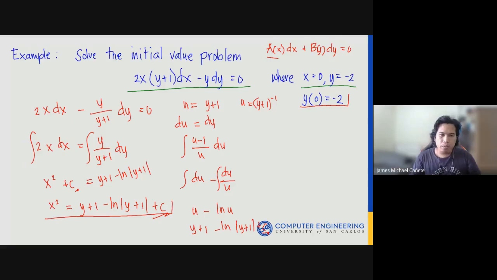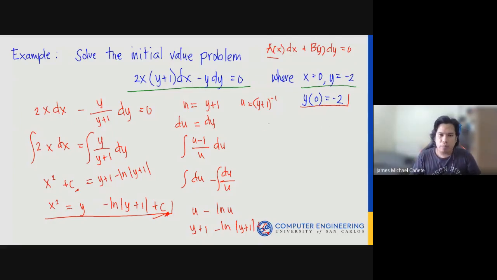The next thing we want to do, since we know the values for x and y, is to define c. So that's where the initial values of our problem come in.